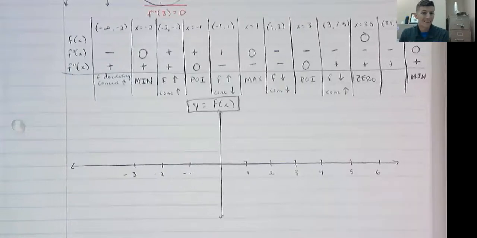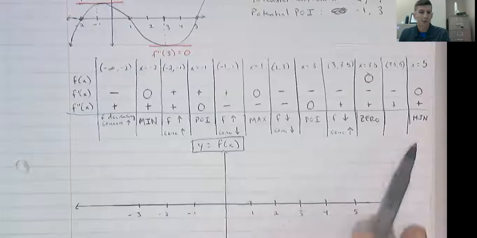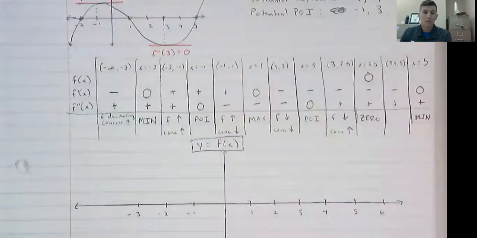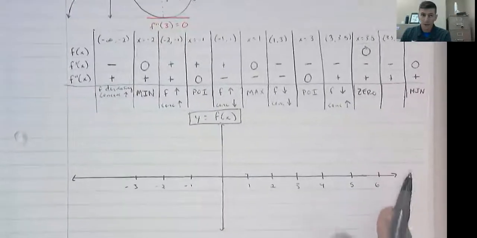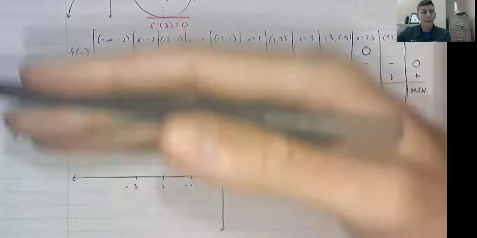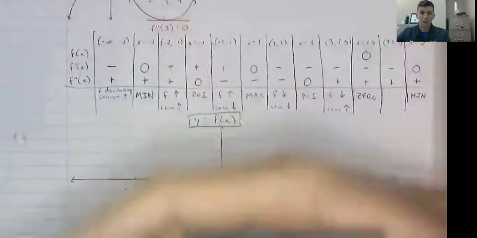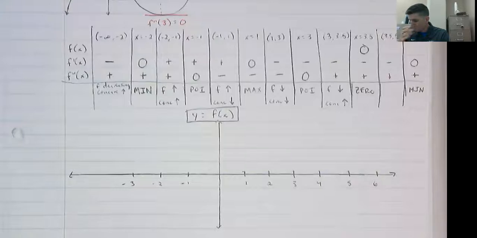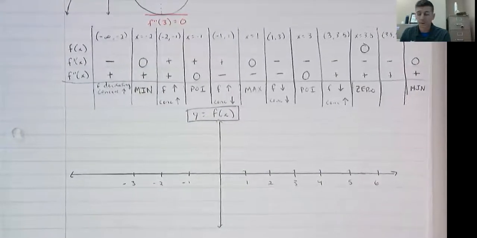Where exactly these turning points are, where these minimums and maximums are vertically, we don't know. We know or should be able to figure out whether we're above or below the x-axis, but where they are specifically, no dice. So we're going to start by plotting the zeros of the function.